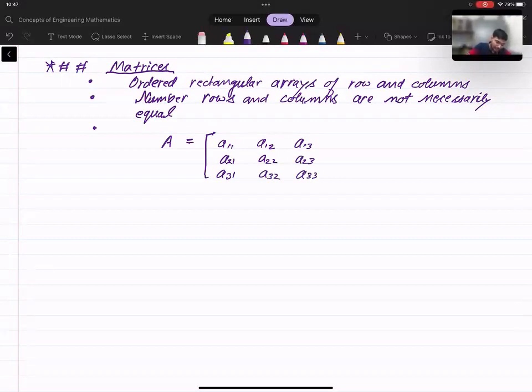Say we have one more column, A14 here, A24 here, and A34 here. So this indicates that it is not necessary that rows and columns are equal in number.